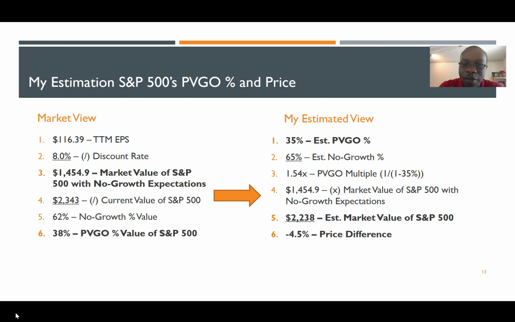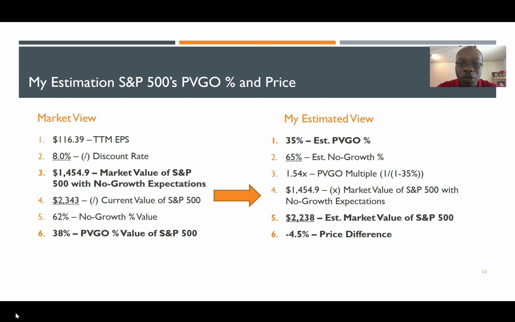So if you look at my estimate for value, take that estimated PVGO and you create what I would call a PVGO multiple. That's 1 divided by 1 minus your expected PVGO percentage, what you think is the actual present value of growth opportunities, and you get a multiple out of that.